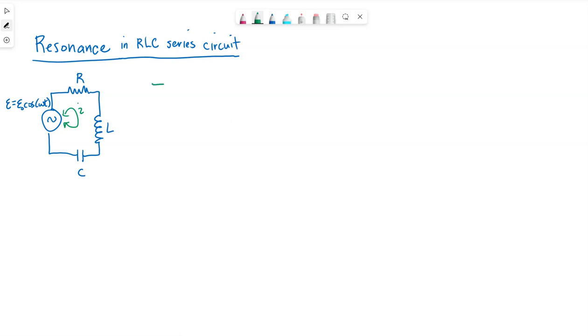In terms of figuring out the peak or maximum amount of current that can flow in our circuit, that is directly related to the source voltage and inversely related to the impedance, Z. Z is the overall ohms of the circuit, kind of like an equivalent resistance of sorts.